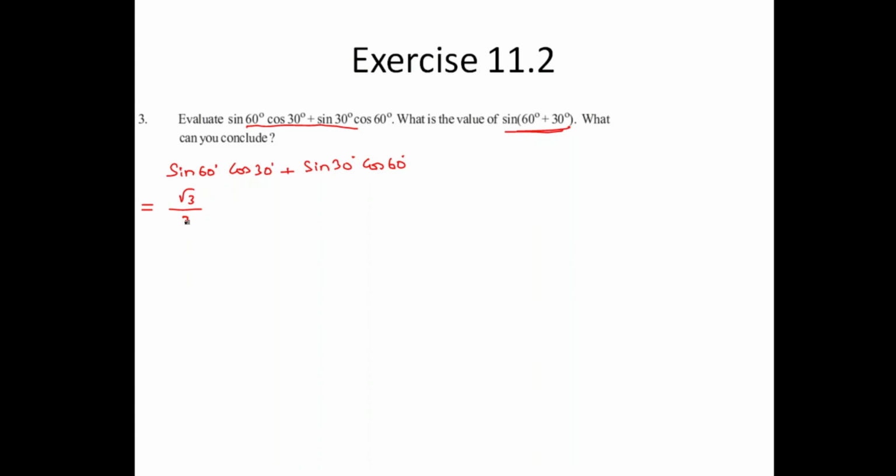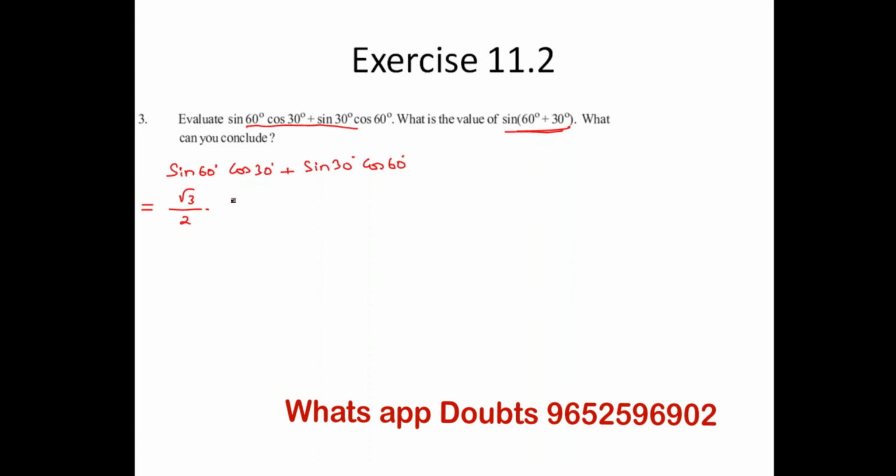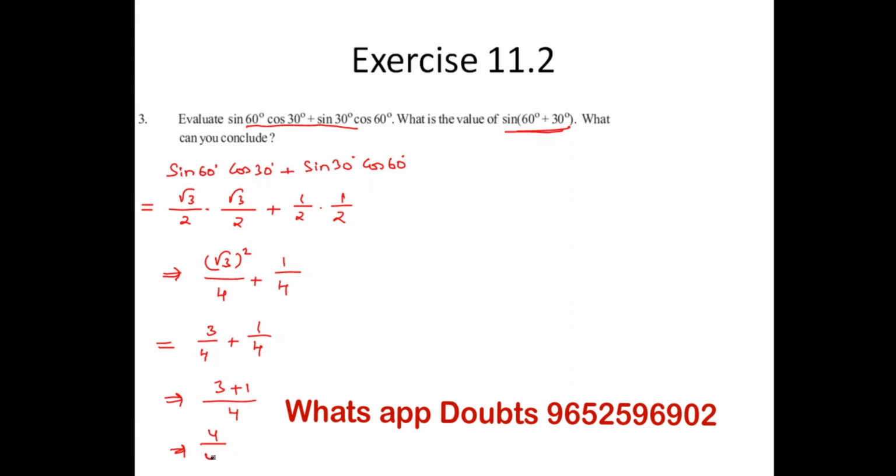Sin 60 is root 3 by 2, cos 30 is root 3 by 2, sin 30 is 1 by 2, cos 60 is 1 by 2. Solving this, this becomes root 3 whole square by 4 plus 1 by 4. So eventually this comes out to be 3 by 4 plus 1 by 4. Taking the LCM, that's your 4, overall we are having 4 by 4. So the answer over here is 1 only.